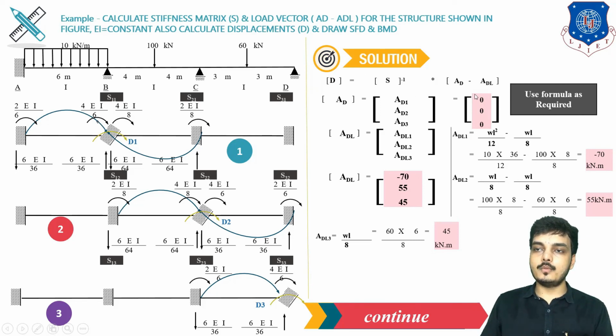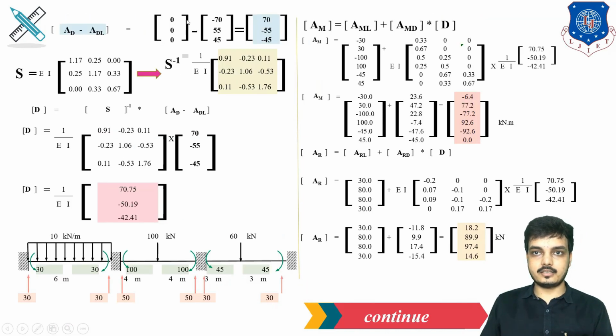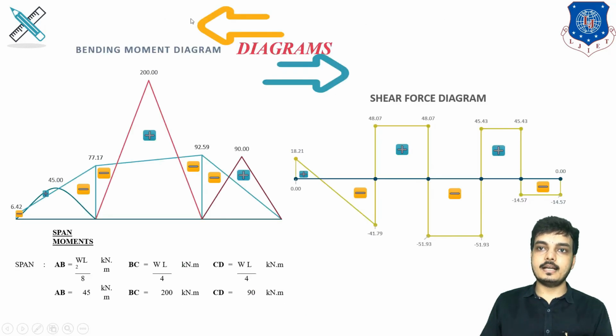Then we have applied the formula of D. D is nothing but our primary unknown. Find out its value. Then applied the formula for AM and AR and respective values. And at last we have drawn the shear force and bending moment diagram. So this is how you can proceed in exam.